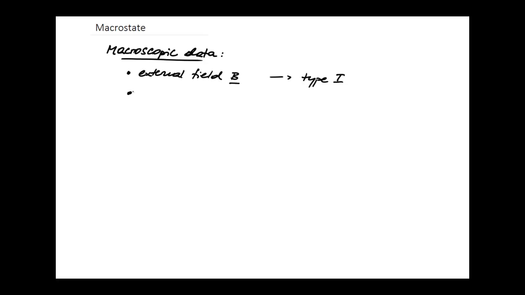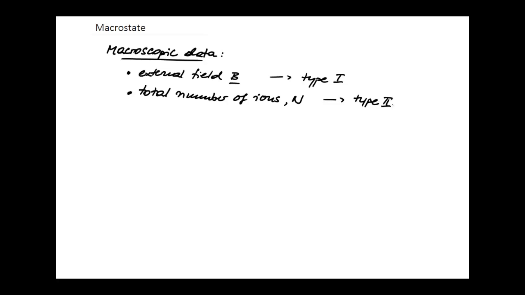Then we are given the total number of ions, N. This is given as a sharp constraint. Now we have a lattice, and there are no ions that can escape or be added to the lattice. It's constant in time, it's fixed, and it's given as a sharp constraint. So this is, in our logic, macroscopic data of type 2.